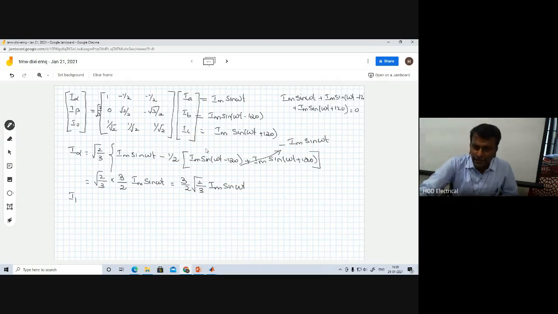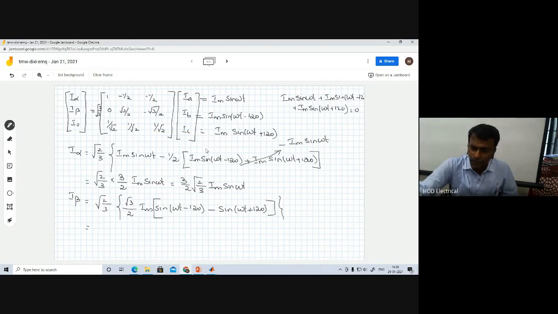Similarly, for I beta we have root 2 by 3 into 0 into Im sine omega t, which will be 0. We have root 3 by 2 into Im into sine of omega t minus 120 minus sine of omega t plus 120.